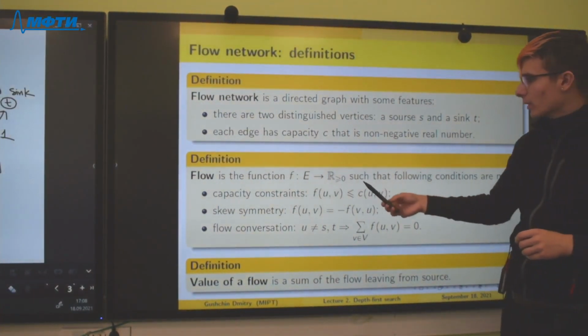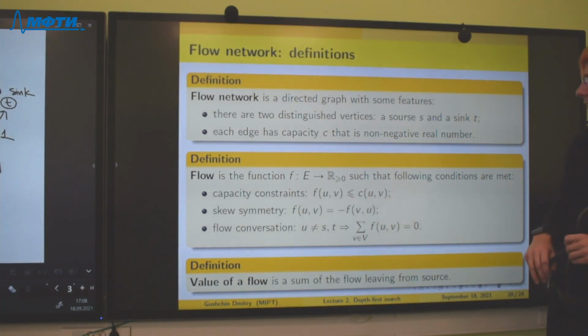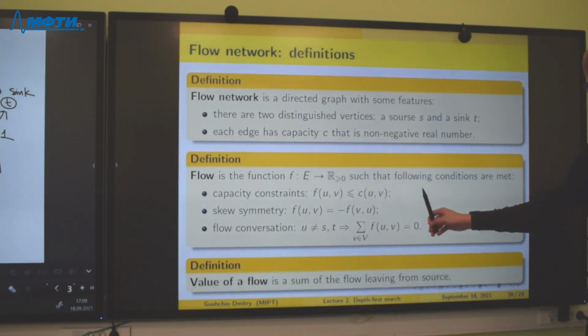It is a function from the set of edges to the real numbers that are bigger than or equal to 0. But there are 3 conditions that need to be met. First, very important, that flow cannot be bigger than the capacity of the edge.